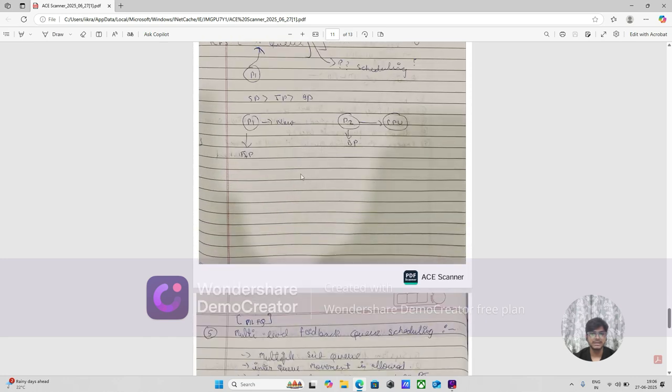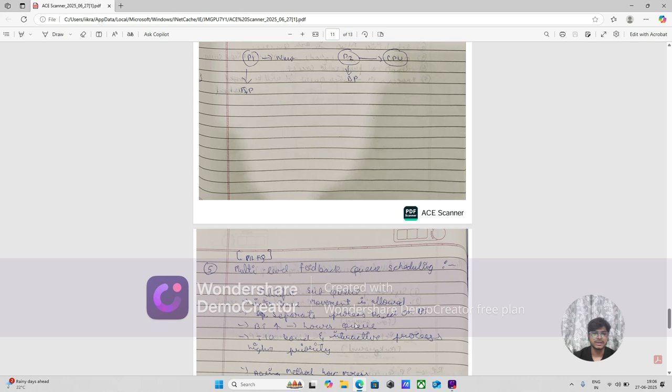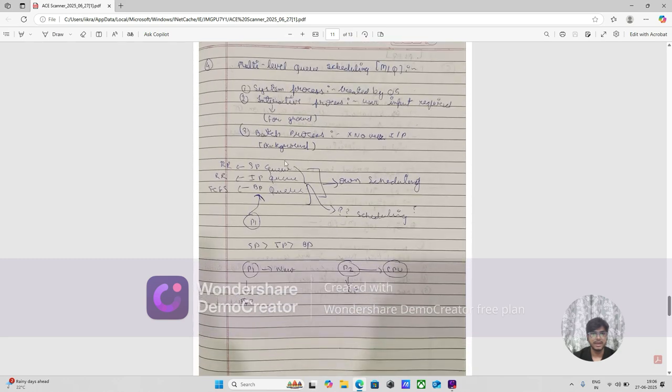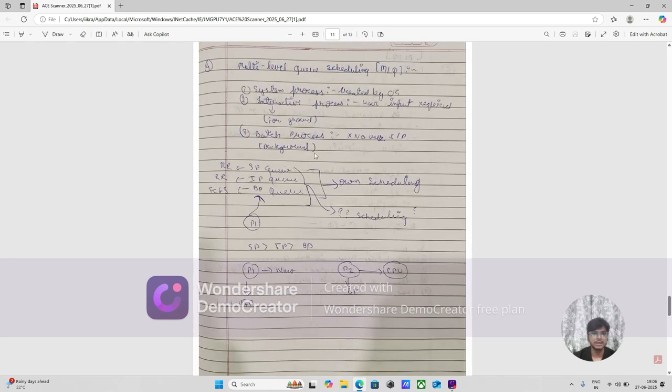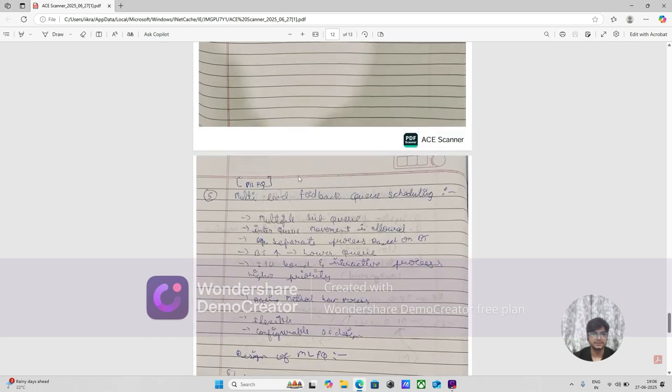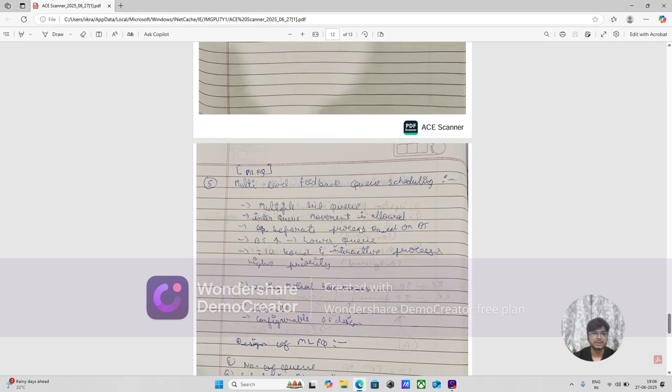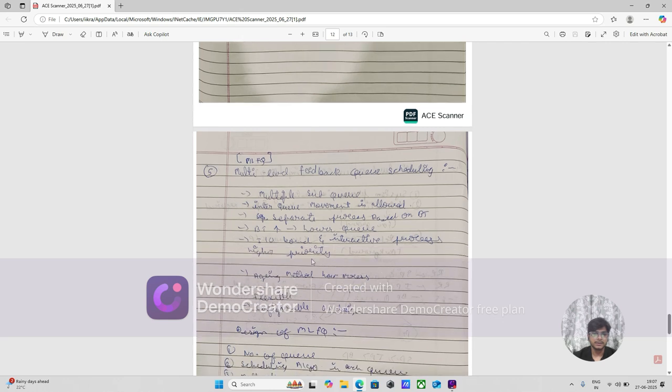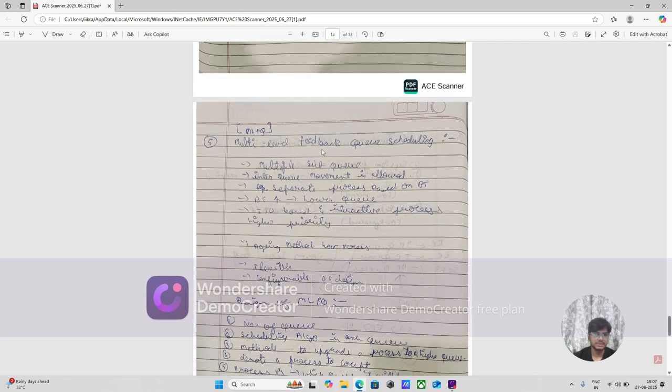But in the multi-level feedback queue we can change the process, we can add burst time. If movement between queues is allowed, a batch process that has low priority, after some time gets aged and will move to the interactive queue. So you can interact across sub queues, separating processes based on that. The aging method for lower queue processes is also in this, and because of this it is the best.